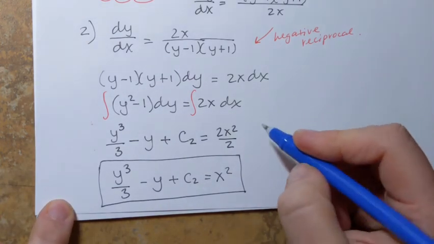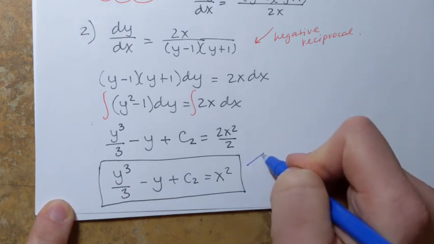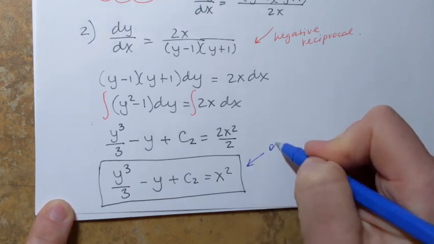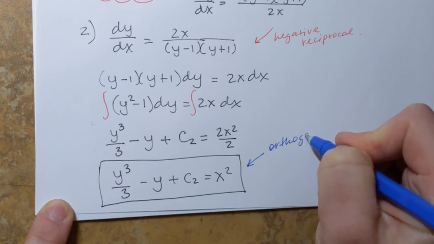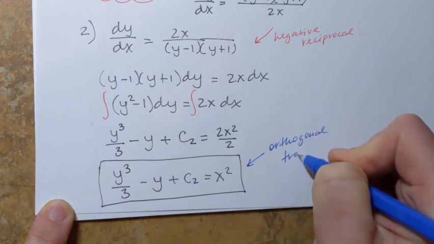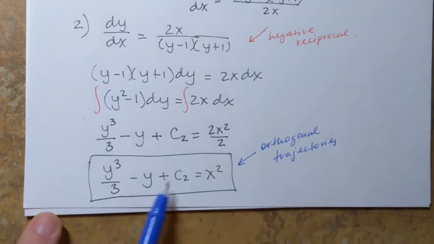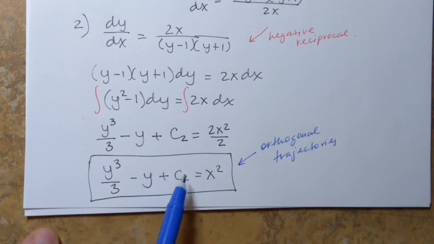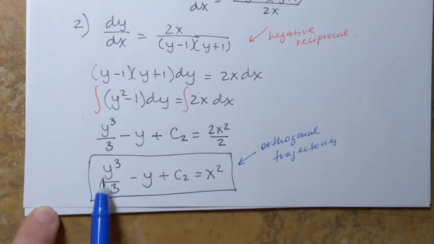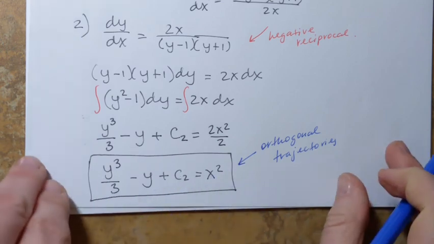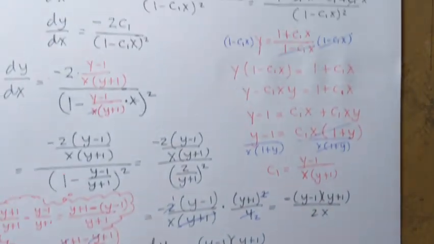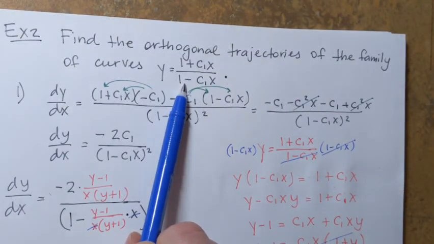So that family of curves represents the orthogonal trajectories, which means you can pick any curve from this family, pick your favorite, use your favorite number for C2 here, and pick any curve from the original family.